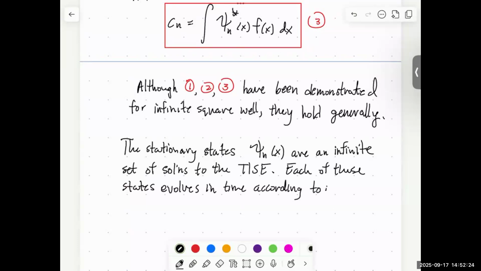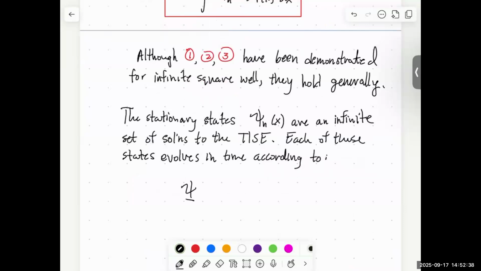Okay, so remember when we did our separation of variables solution to the time dependent Schrodinger equation, we had an equation for phi which we could solve. And what we said is that the way we put the time dependence back in is we take our stationary states, which contain the x dependence, and then we multiply by e to the minus i En t over h bar.